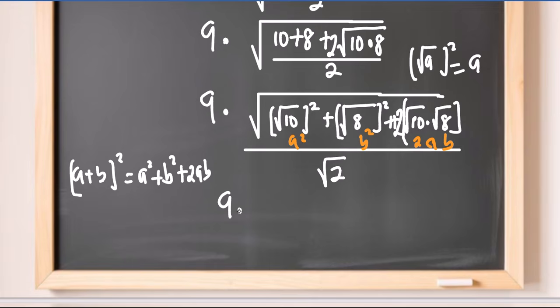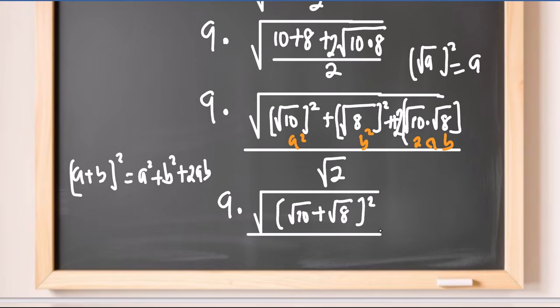So here I'm going to have 9 in parentheses my a, which is the square root of 10, plus b, which is the square root of 8, all squared. You can see this is the interpretation I'm using. I'm using this law to do this.